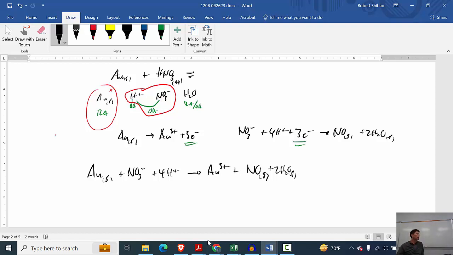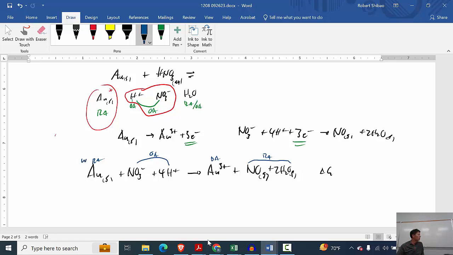So I want to figure out what delta G for this is, but we already know from our Chem 1A analysis what it should be. Because when I look at this, this is my reducing agent, and then nitrate and H+, this is my oxidizing agent, and this would be my conjugate oxidizing agent over here, and this would be the conjugate reducing agent over here. And based on the oxidizing agents, gold 3+ is stronger.